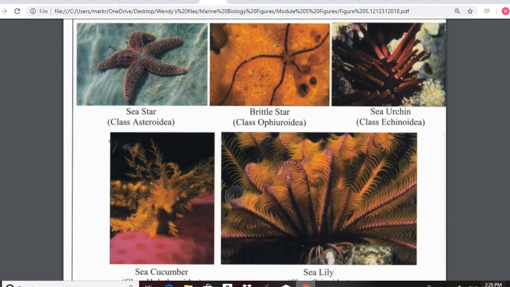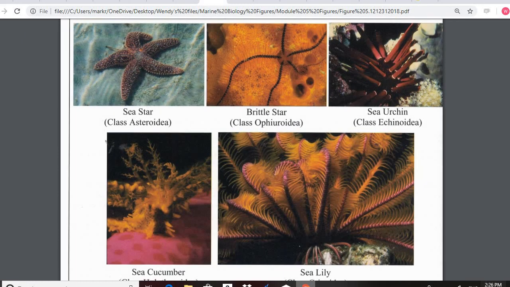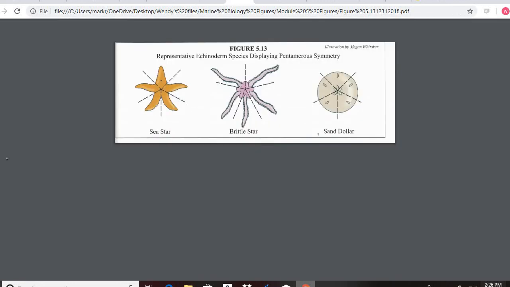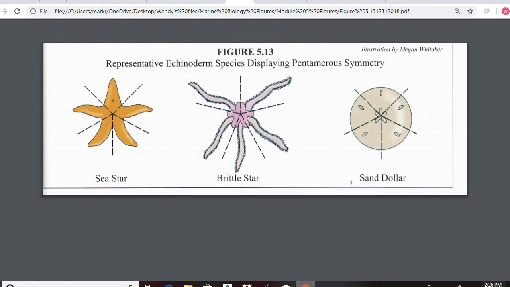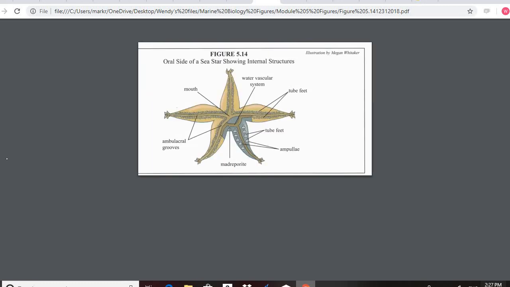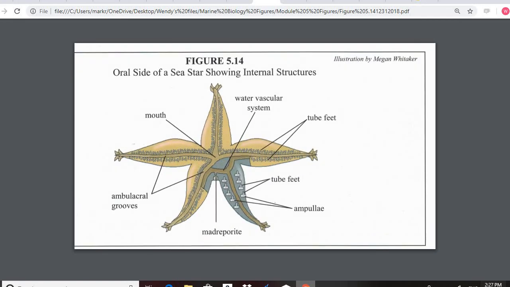Here are some examples of the Echinodermata: the sea star, brittle star, and sea urchins. Here's the sea star. Remember I said they have symmetry, so they typically have five arms. You can divide them into five pieces.